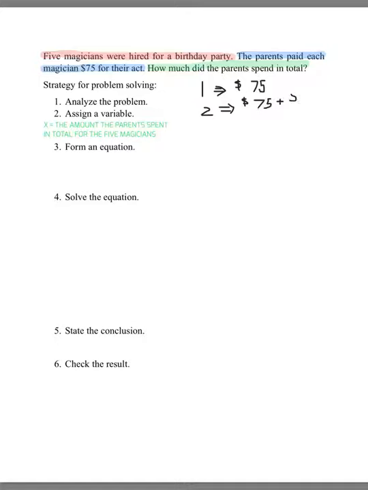Luckily for us, we have another way to write that. We could write that using multiplication. And the equivalent form of writing that is going to be 2, which is the number of magicians that were hired, times the pay for each magician, which is 75.